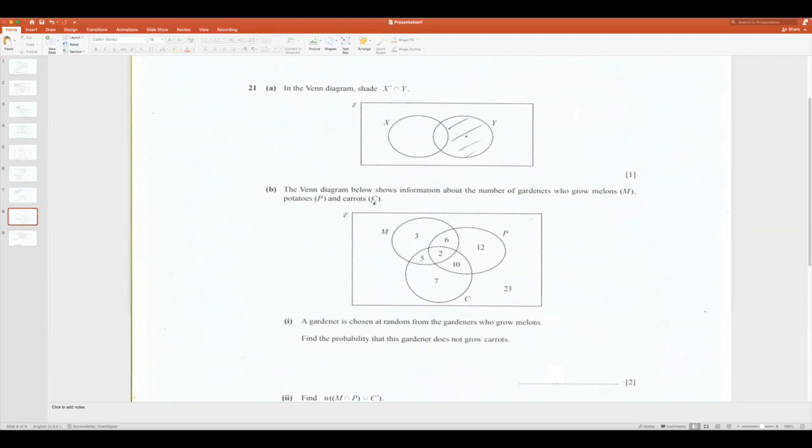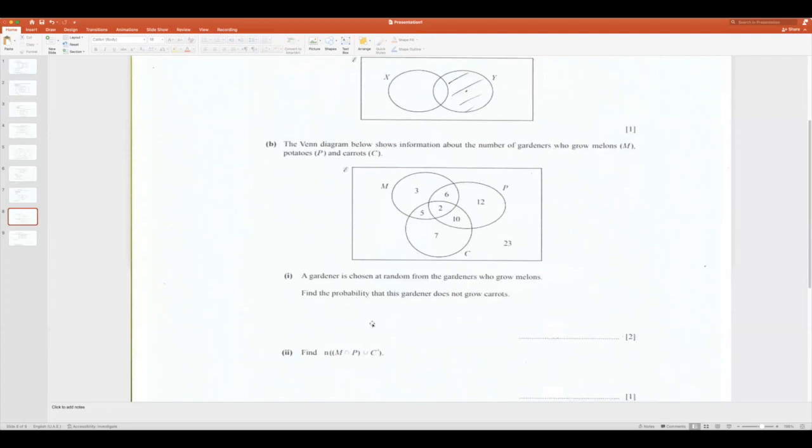The Venn diagram below shows information about the number of gardeners who grow melons, potatoes, and carrots. It's given all the values. A gardener is chosen at random from the gardeners who grow melons. So melons this much.